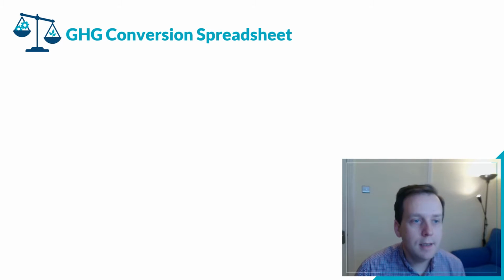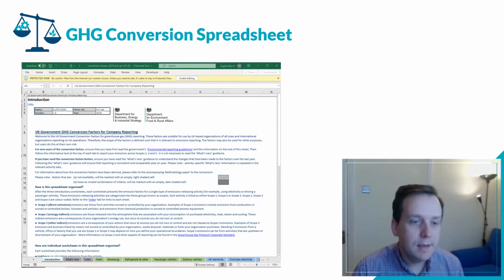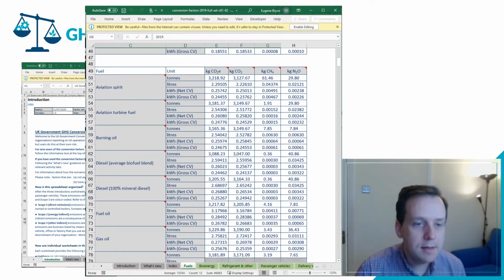So the greenhouse gas conversion spreadsheets or conversion factors are effectively an Excel spreadsheet, and this is for 2019. And these spreadsheets describe on a very granular level, and this is just an example of the fuels page from scope 1.